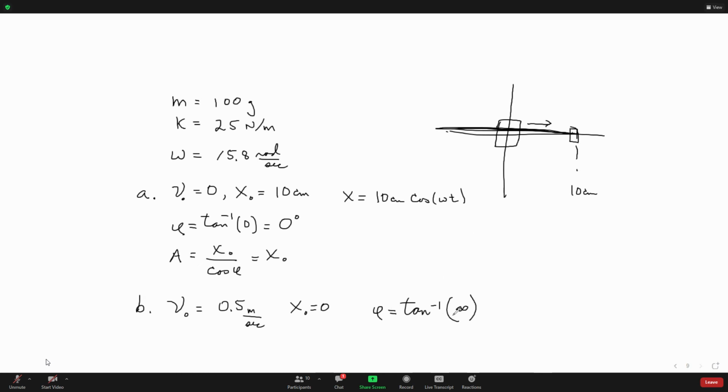So what angle gives me an infinite tangent? Louis, what angle has an infinite tangent? Benjamin, what angle gives me an infinite tangent?